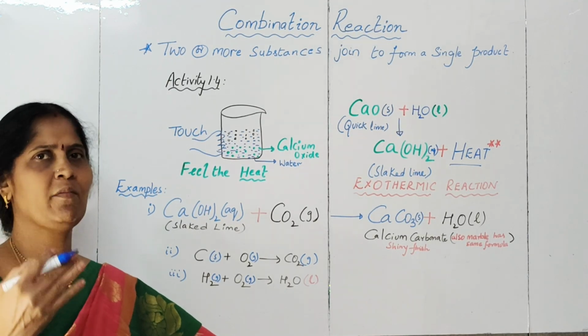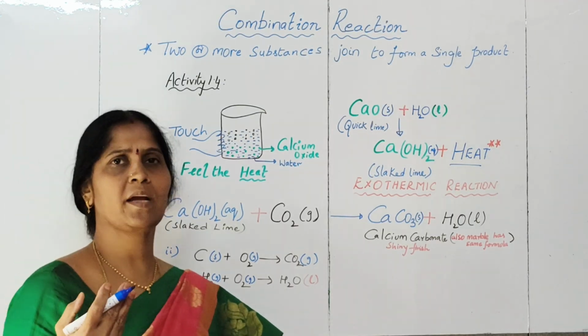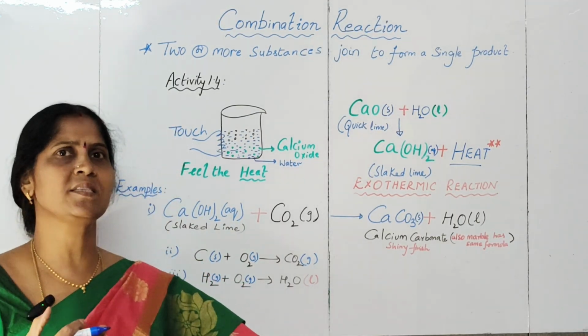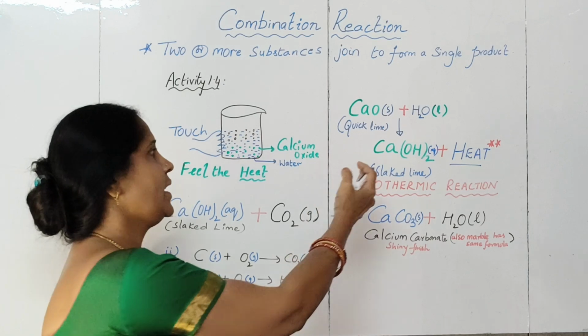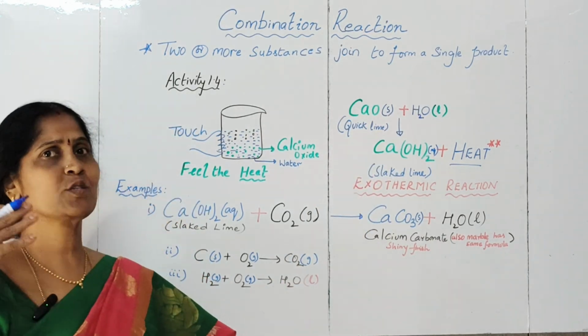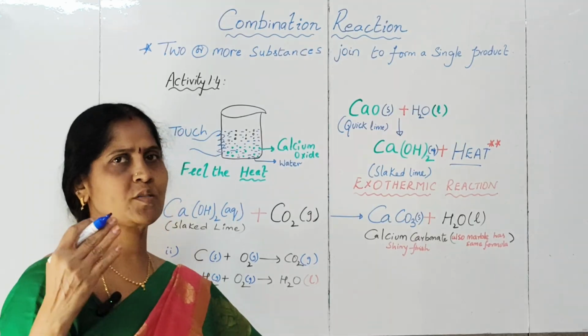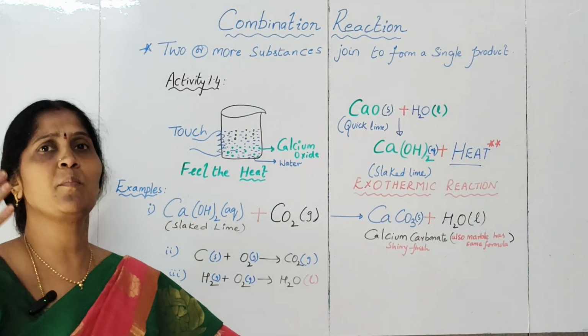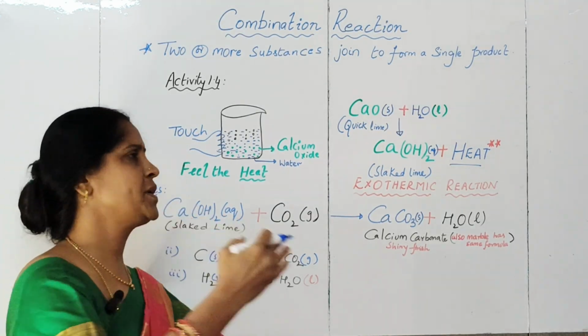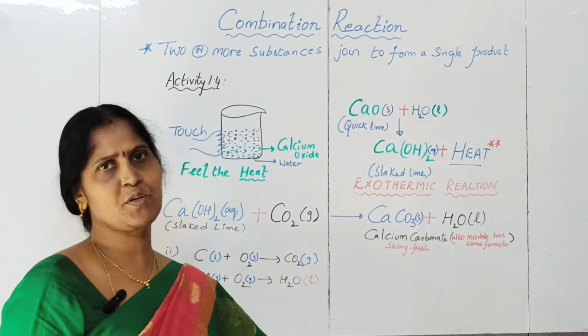If you remember, we have endothermic reactions and exothermic reactions. If heat is getting absorbed, it is endothermic. But when heat is getting evolved, it is called an exothermic reaction. So this reaction of calcium oxide with water is an exothermic reaction, and it results in the formation of slaked lime, that is calcium hydroxide.